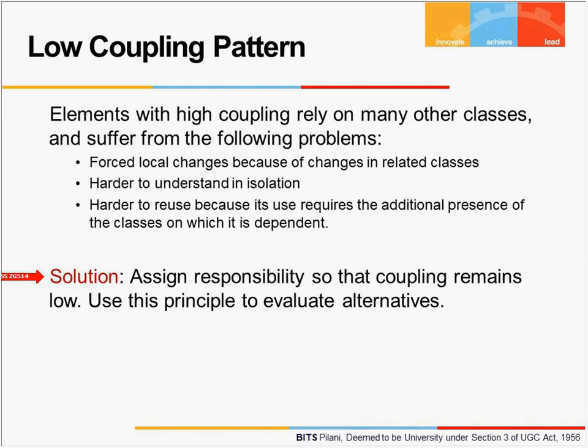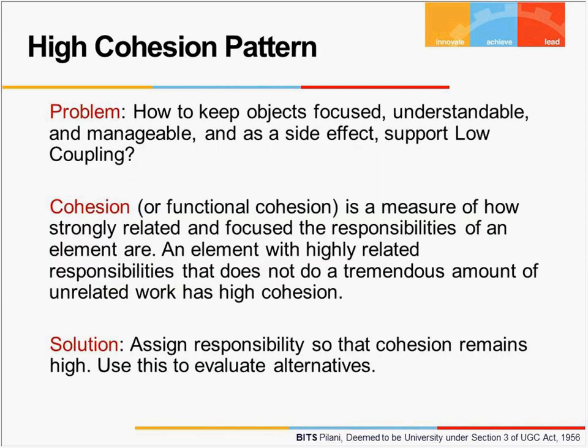Okay, I'll move ahead and, before the example, let's go to the next pattern, which is cohesion, high cohesion, right? So as I told earlier, the idea is your design should have low coupling and high cohesion. Let's understand what is cohesion. What is the problem that this particular pattern tries to solve?